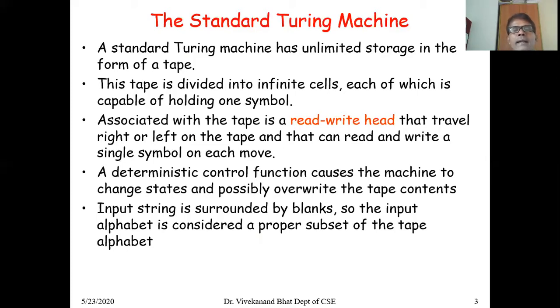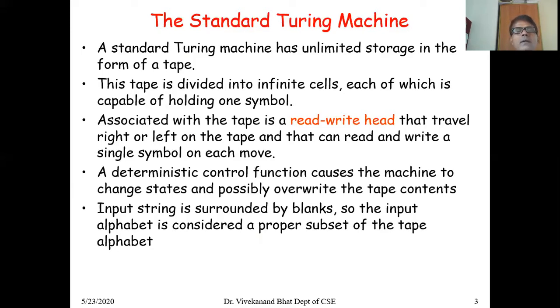We also have a deterministic control unit that causes the machine to change state and possibly override the tape contents. The input string is surrounded by blanks. The input alphabet is considered a proper subset of the tape alphabet.